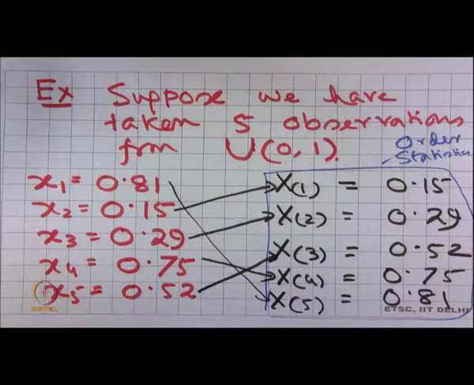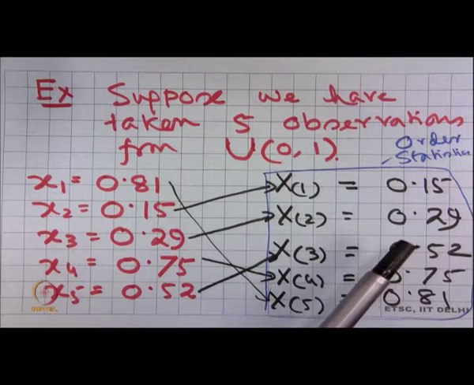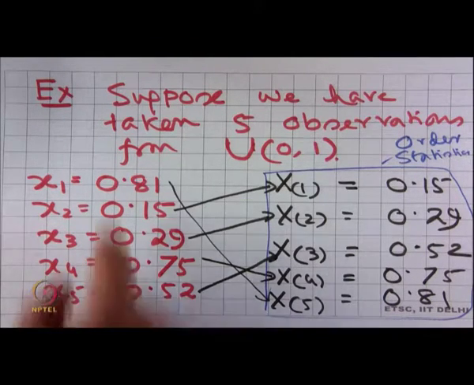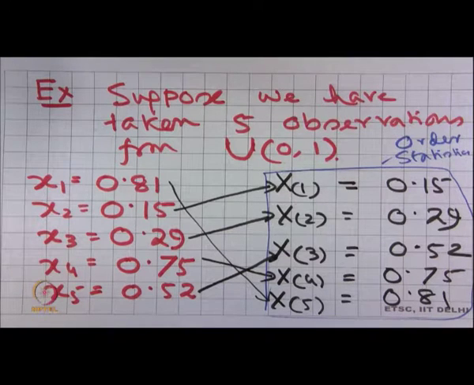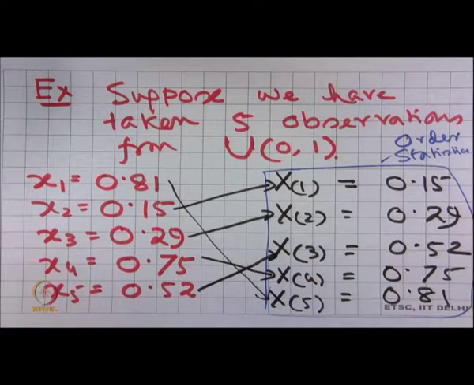In fact, this is not the only sample that generates this. In fact, since there are 5 observations, we can have factorial 5 many different orderings of the observation, each of which will give rise to the same order statistic.